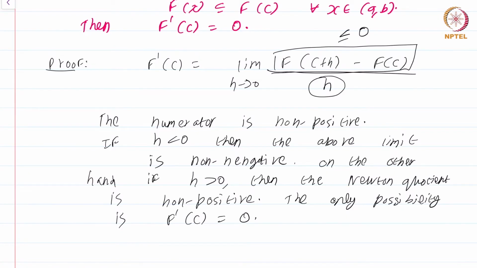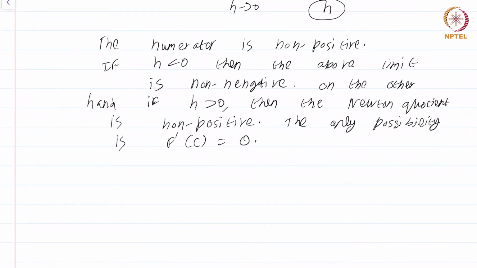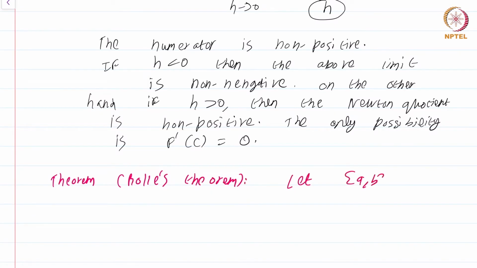Okay, that was rather easy. We immediately get a nice consequence of this, which you might have heard of, called Rolle's theorem. It says the following: let (a, b) be an interval in R, a less than b.